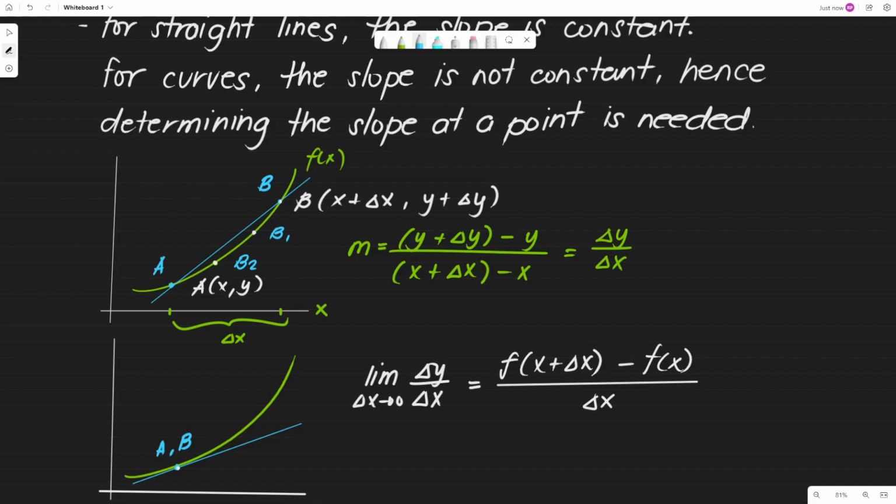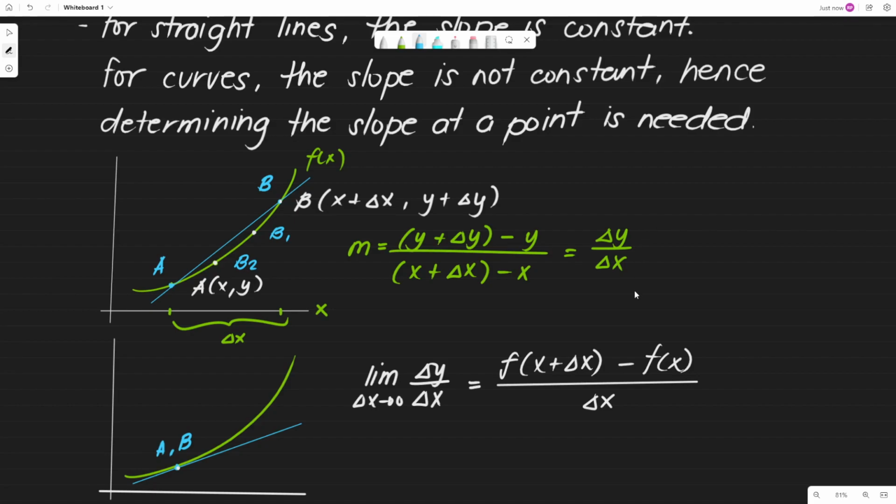However, the formula for the slope is almost the same. So we have the slope is equal to y plus delta y minus y, yun yung y sub 2 natin, over x plus delta x minus x, which is simply delta y over delta x.